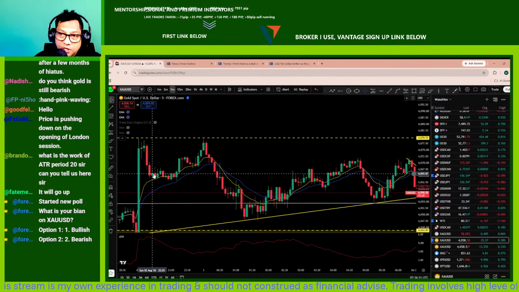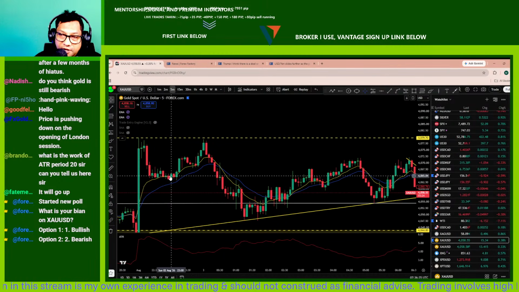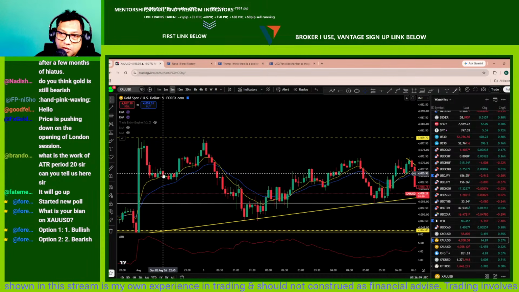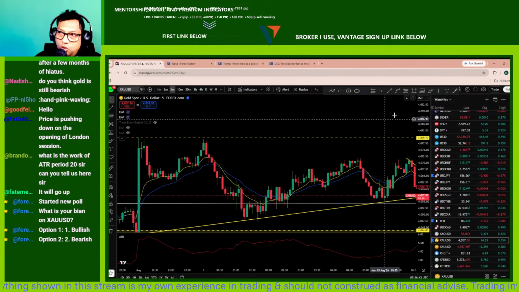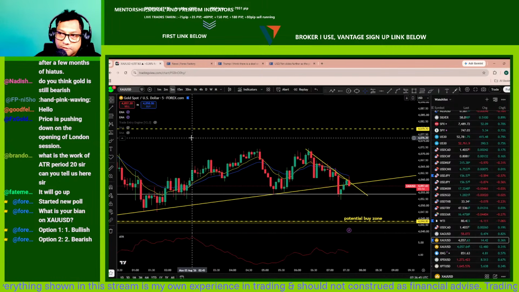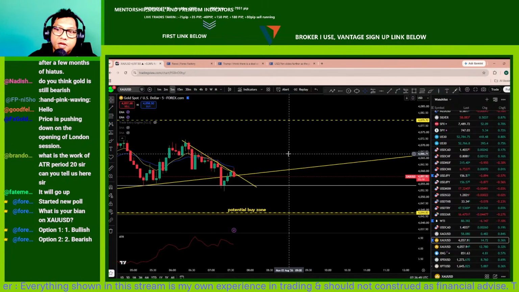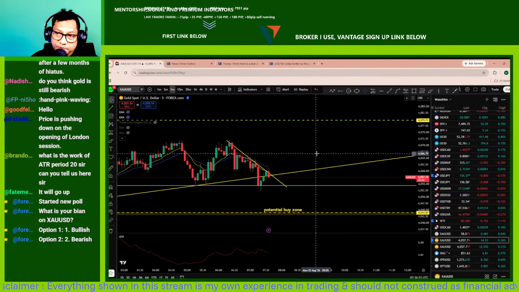For example, you see that there is a pattern here, right? If you look at this 5 minutes price action, all those candles have a similar overall volatility. So ATR is, firstly, the volatility within a specific period.